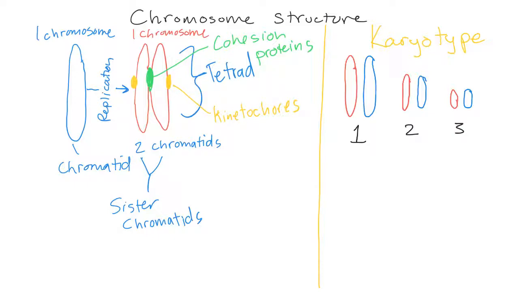Here is the visual array of their chromosomes. And these two are, the red came from the mother and the blue came from the father.